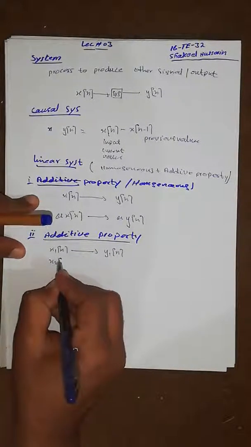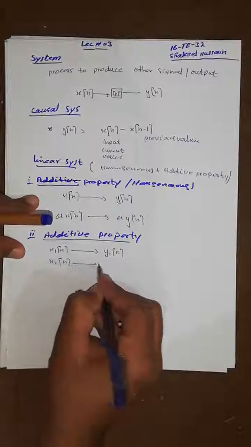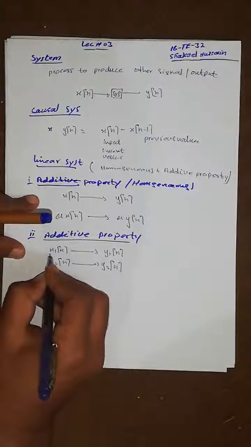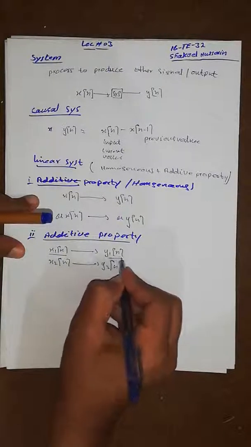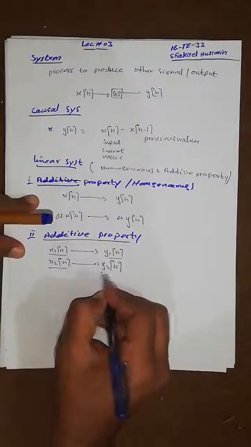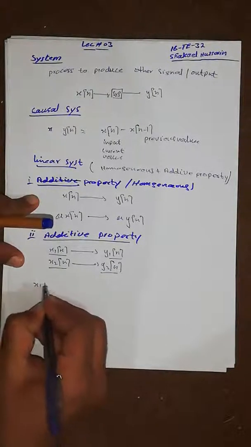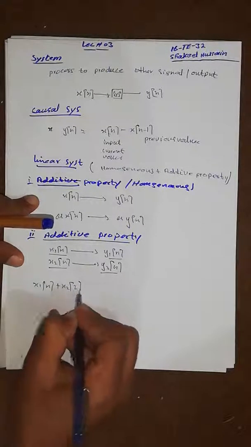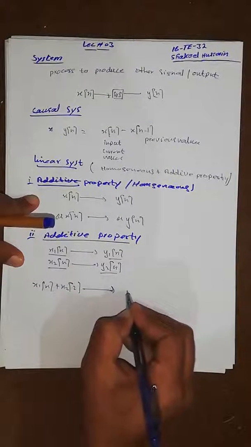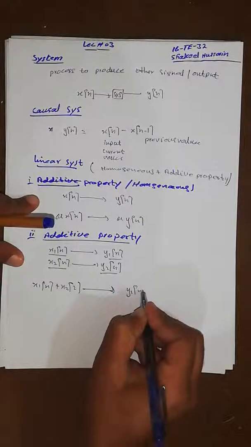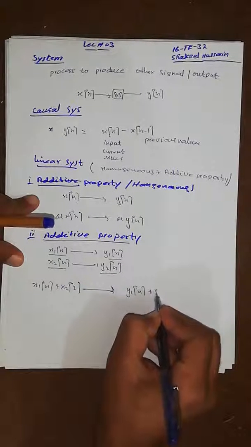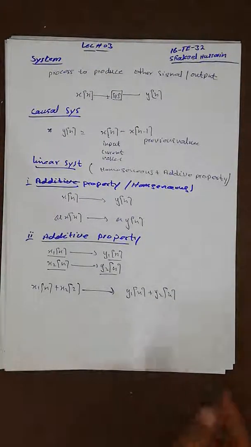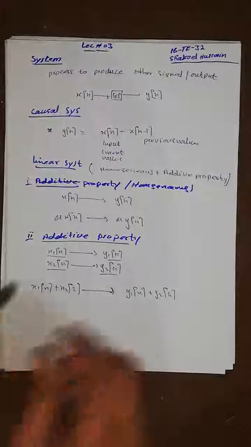Second input gives y2 of n. Individually, this input gives y1 of n and this input gives y2 of n. If we add these inputs and pass them through the system, and it gives the addition of both outputs, then it will be additive property.